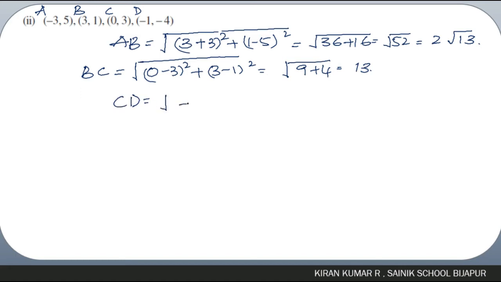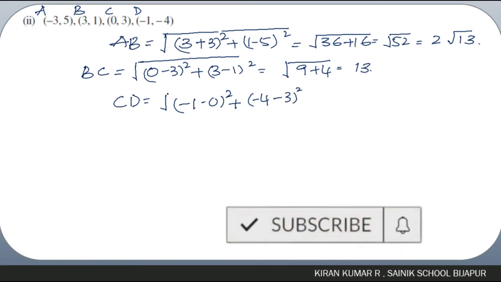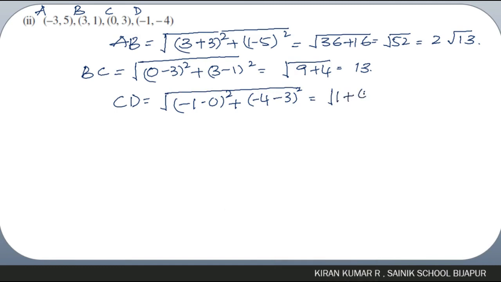It is root of (−1 − 0) whole square plus (−4 − 3) whole square. We get root 1 added to 49, which is root 50. 50 can be expressed as 25 times 2, so we get 5 root 2.